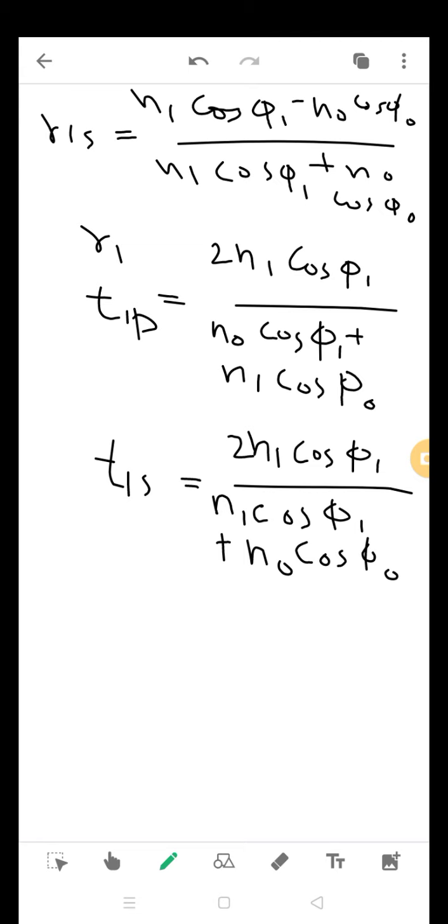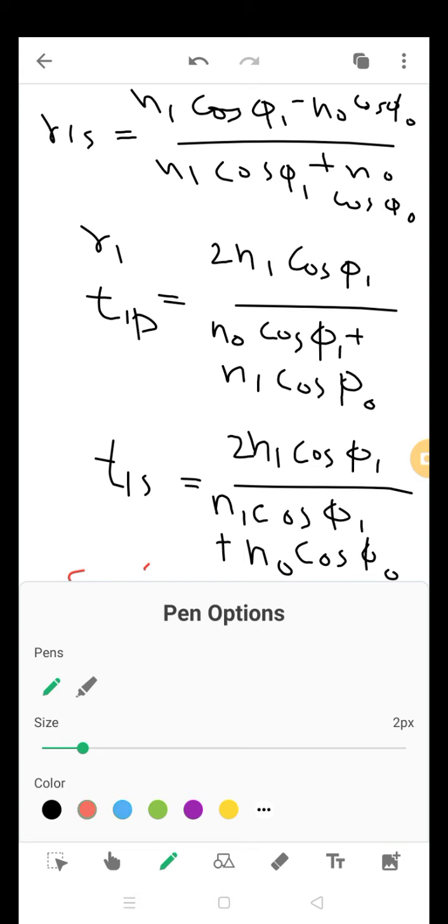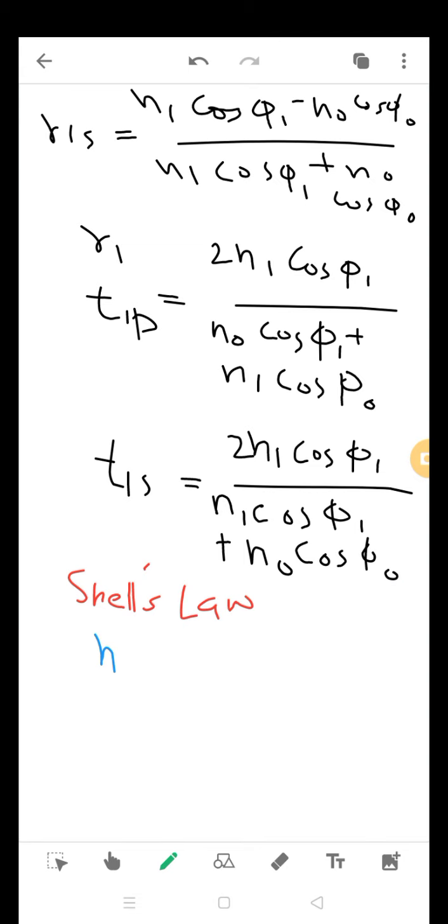Apart from that, we have the usual Snell's law, which says that n0 sin phi 0 is equal to n1 sin phi 1.